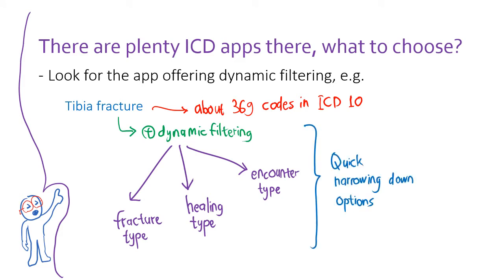One might call that a usability challenge. With the aid of dynamic filtering, the user is prompted to specify which area of coding applies, and thus by selecting attributes, fracture type, healing type variable, encounter type, you can more quickly narrow down to the correct code set.